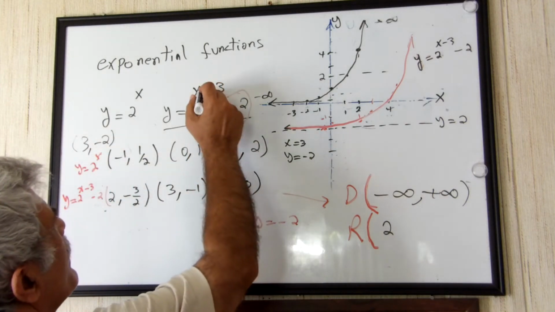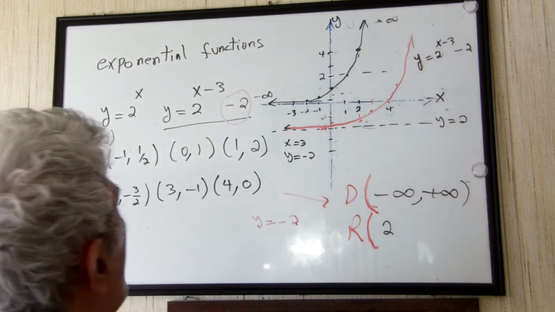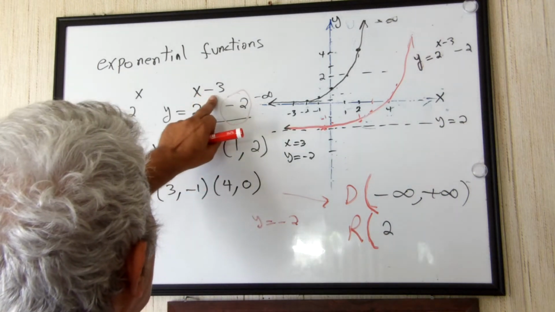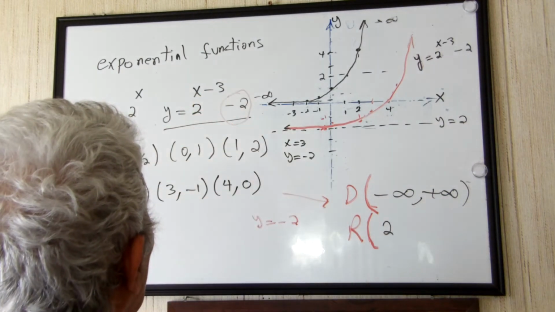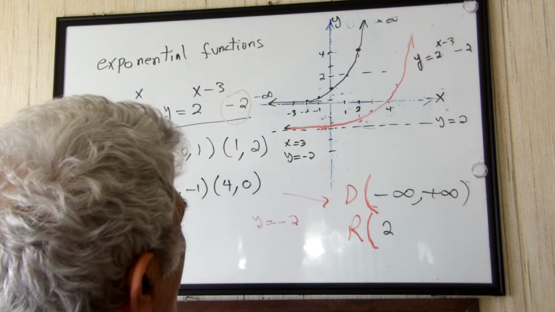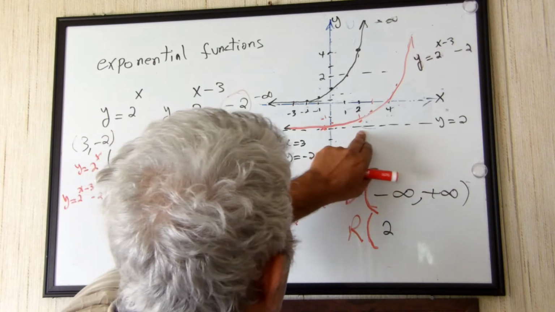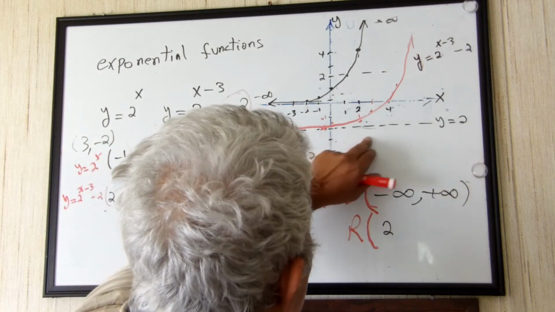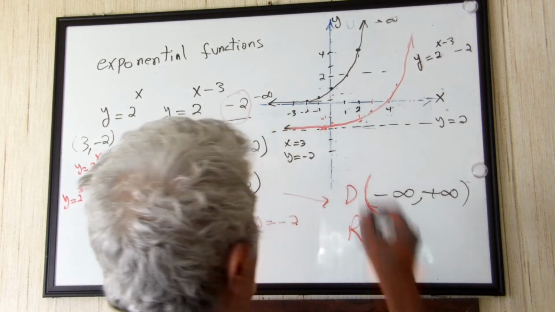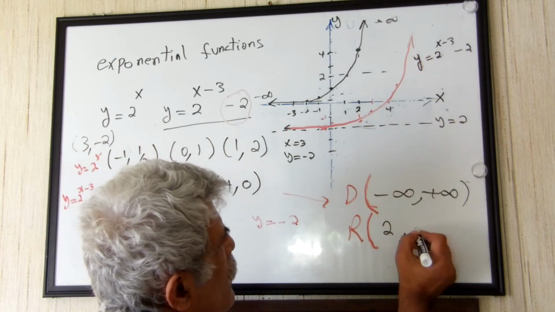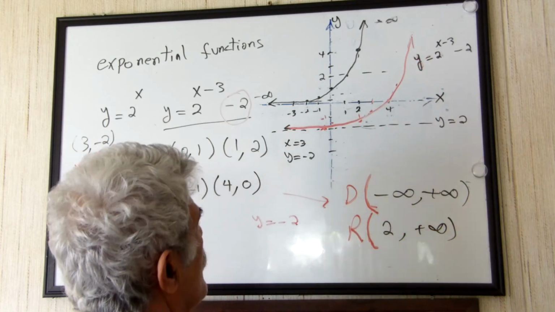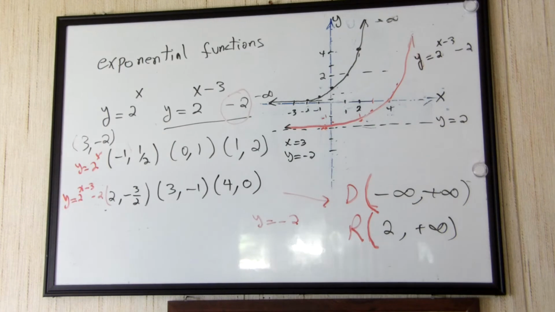If we give values to x, it will show finally that y is equal to minus 2 is the horizontal asymptote of this function. So the range is minus 2 to plus infinity, not including minus 2.